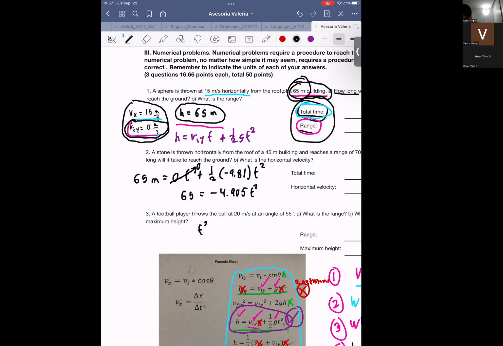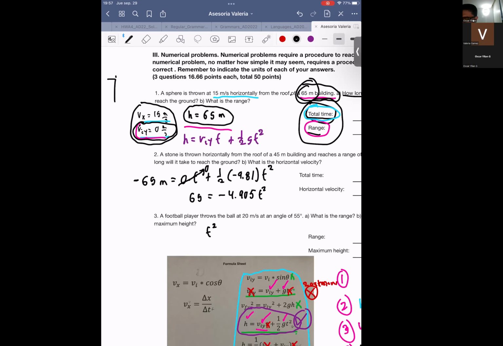Well, in fact, the height is negative, because if we start from 0, when we fall, this distance is negative, right? Yes. So it's going to be minus 65 divided by minus 4.905, right?